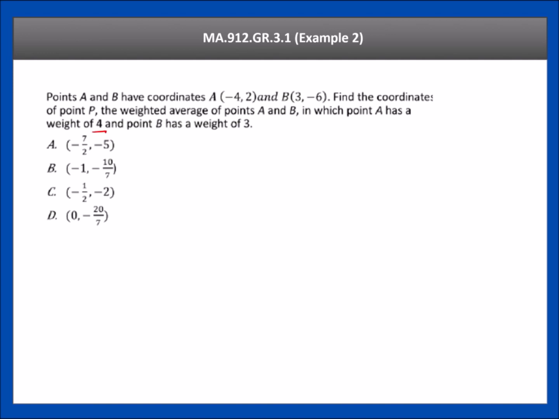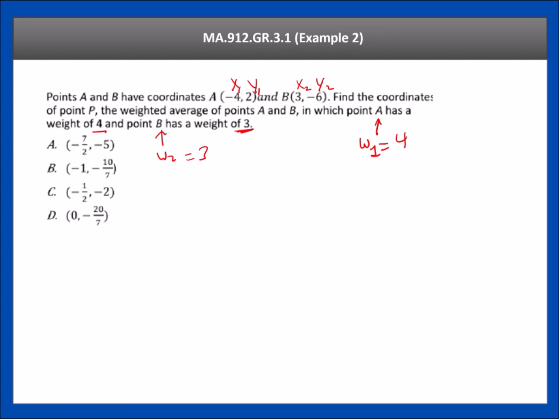We're going to call these x1, y1, x2, y2, those are my 2 coordinates. Since A is x1, y1, the weight of A, which is W1, is 4, and the weight of B, which is W2, is 3. They give you the weights here.